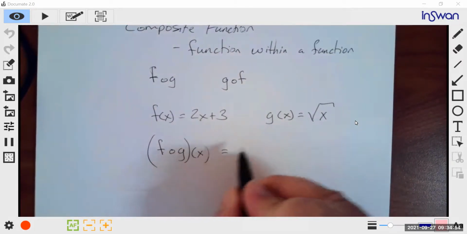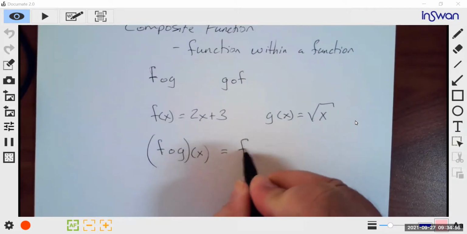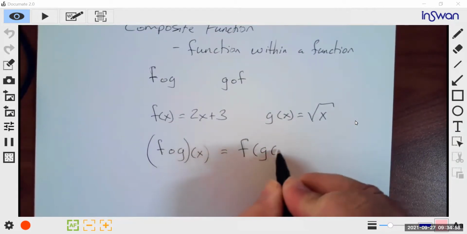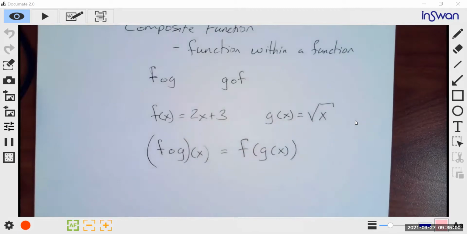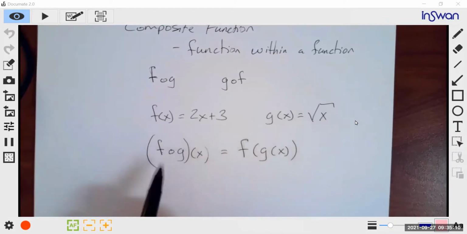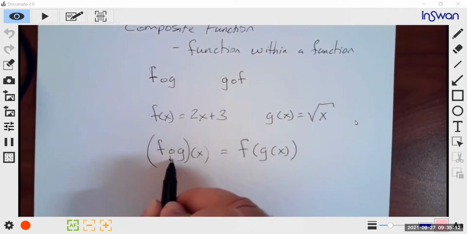So what does that mean? F of g of x. Whenever you see this, this means "of."